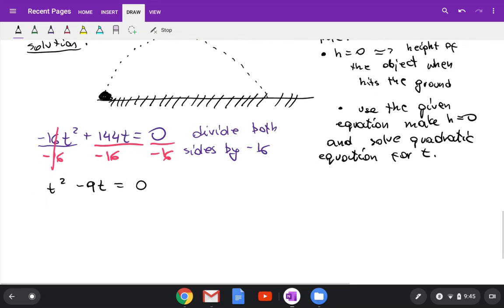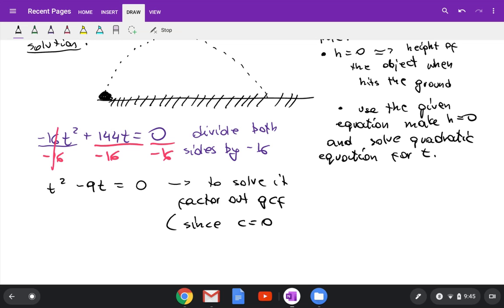So now, in this case, this is quadratic equation where c is equal 0. So the best way to solve it, factor out GCF. Note, since c is equal 0. So GCF, in this case, it's t. So we're going to factor t out.